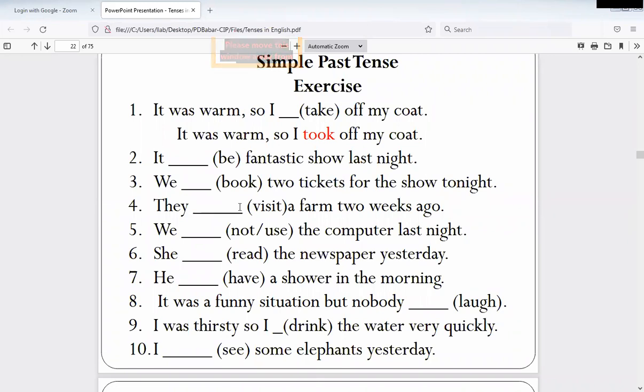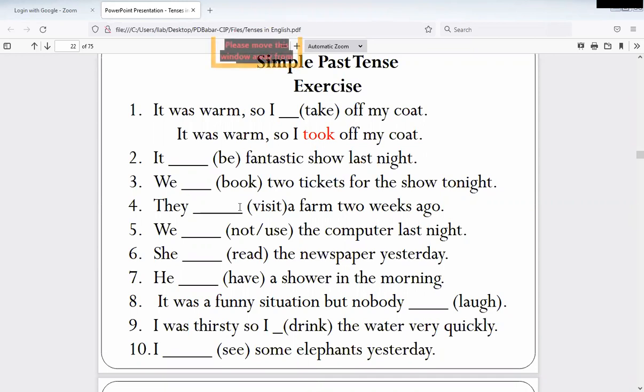Then see the 4th example. They (visit) a farm 2 weeks ago. Here we can identify in which time this action has happened.